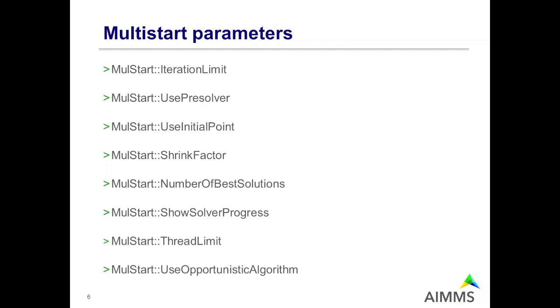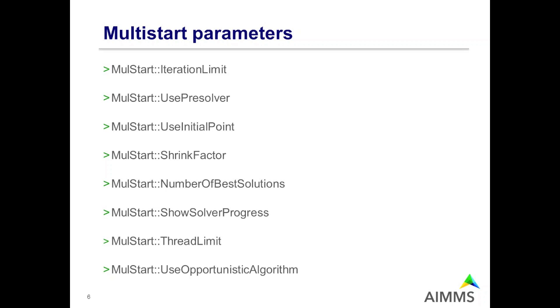It will decrease the size of the problem, and therefore normally the local solver will be able to solve faster the problems for which you have the starting points. The second benefit is that the pre-solver will tighten the variable bounds, and thereby the multistart can select better random starting points. So by using the pre-solver you get better starting points.